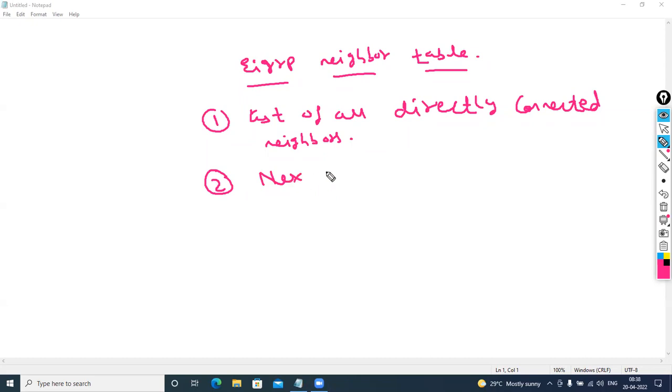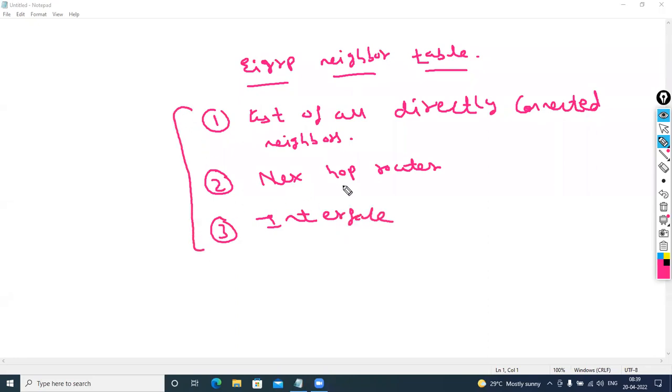Next hop router. Third point is you get the interface as well, where you need to exit from. You'll find these three pieces of information in the neighbor table: the list of all directly connected neighbors.